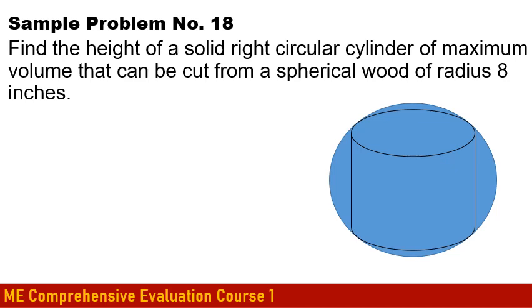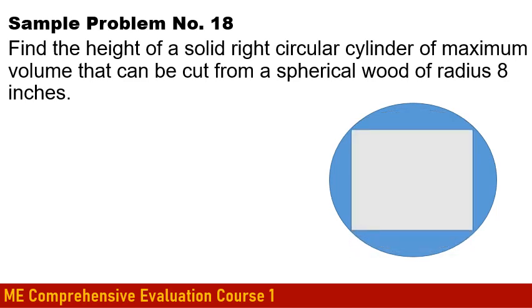Then we're looking for the height of this cylinder that you can see here that we can cut from this sphere. If we examine this cylinder, at the cross section we can create this figure wherein half the height of the cylinder, the radius of the cylinder, and the radius of the sphere will form a triangle.